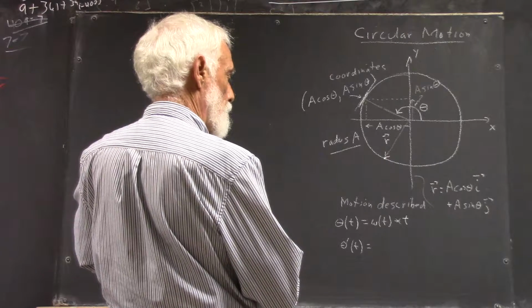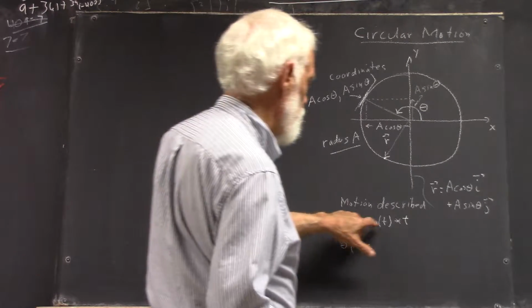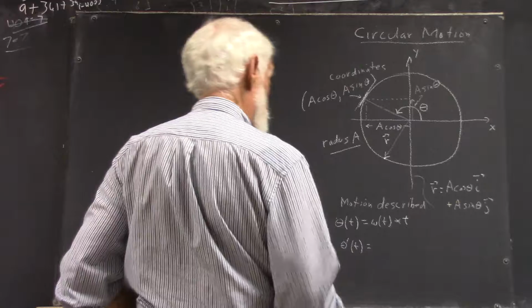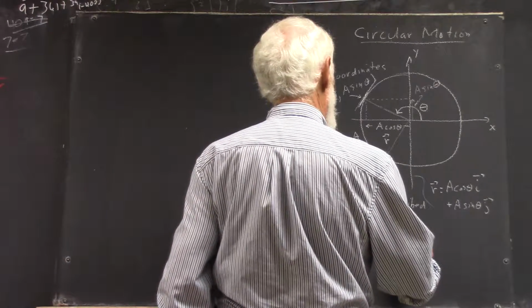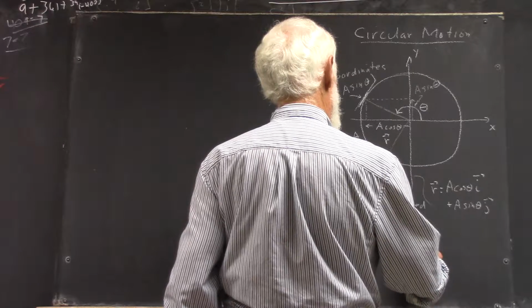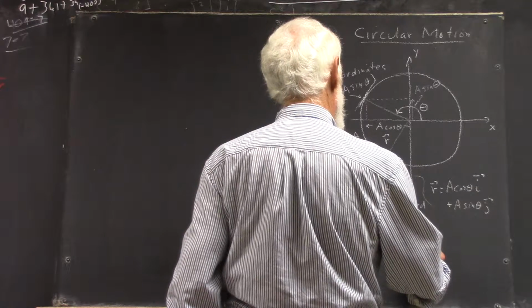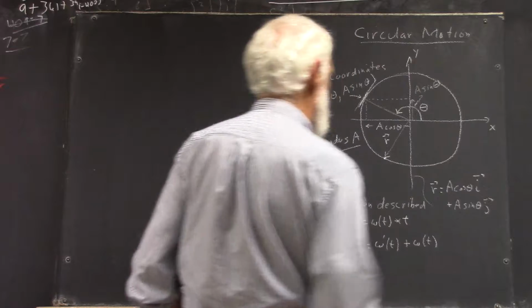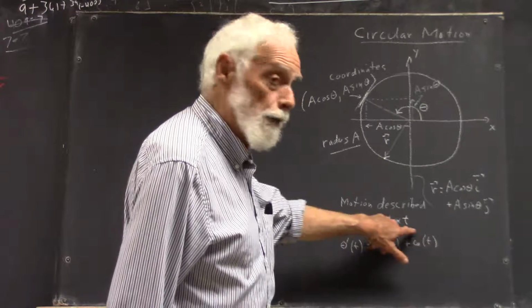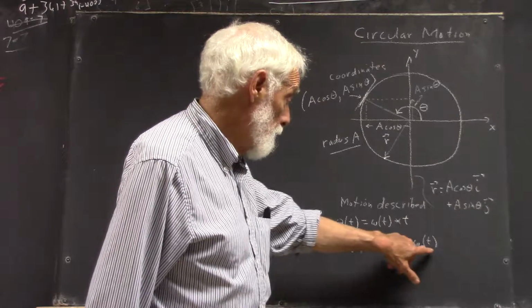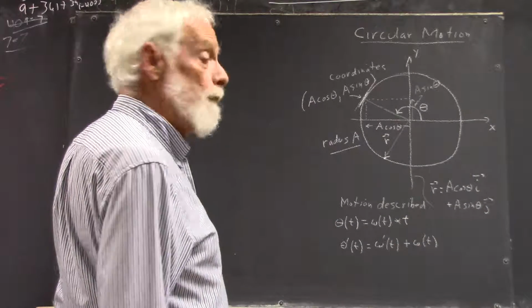equals what? Well, it's the derivative of omega of t times t, right? So that would be omega prime of t times t plus omega of t. Derivative of the product function.